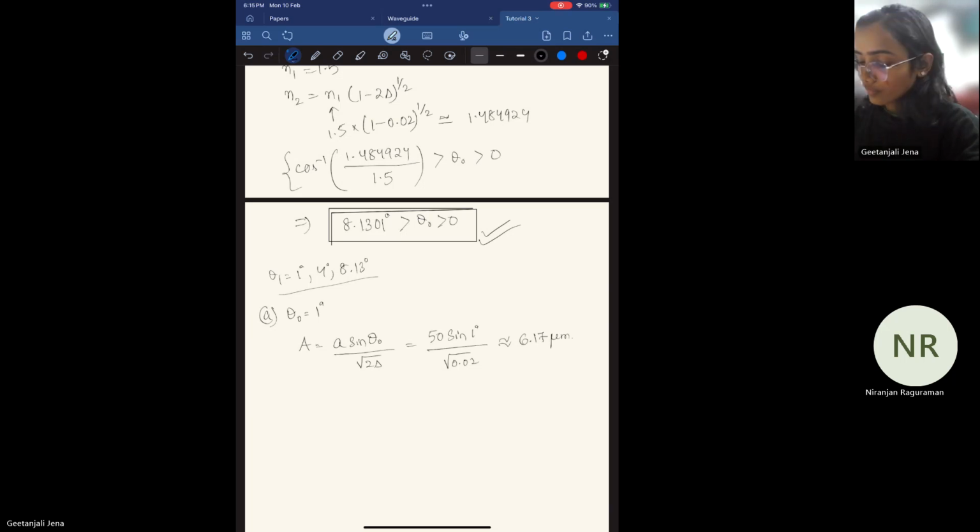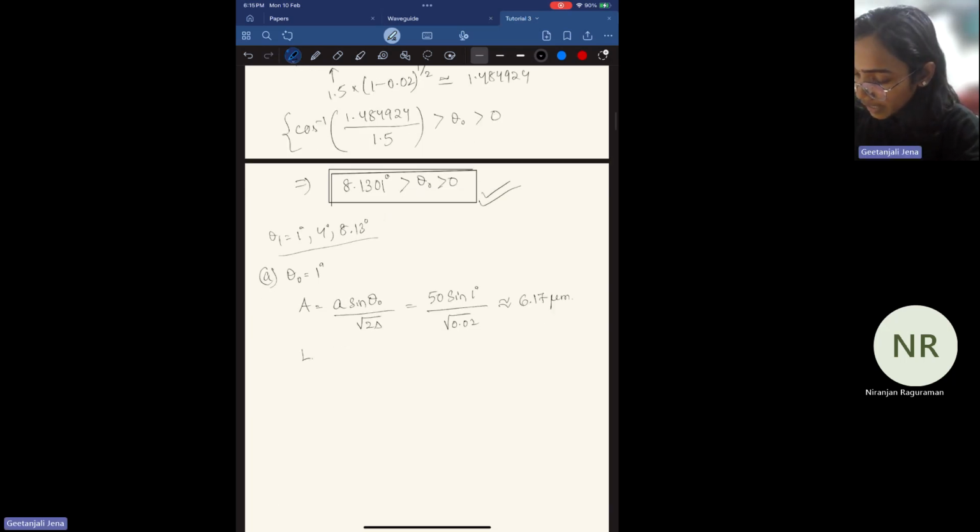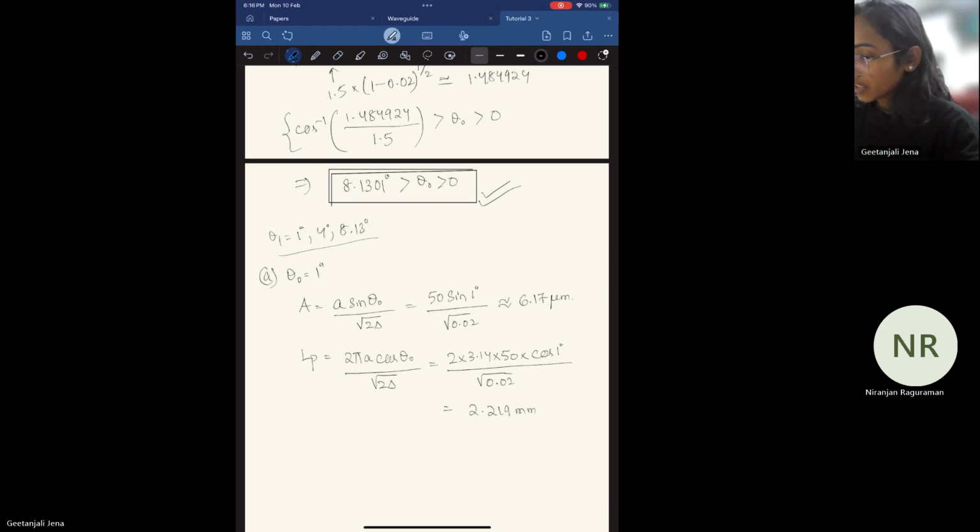Similarly, we can find LP, which is 2 pi a cos theta 0 over root 2 delta. So this is 2 times 3.14 times 50 times cos 1 over root over of 0.02, which is 2.219 millimeter.